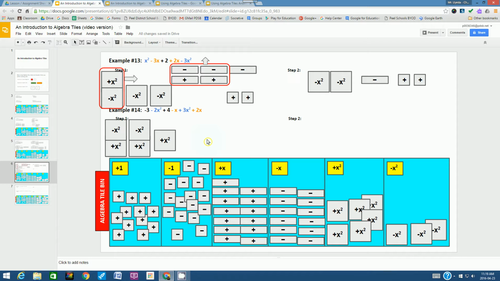So I've combined my negative 2x squareds and my positive 3x squareds, and I notice that there are two zero models created. So I've stacked them on top of each other.